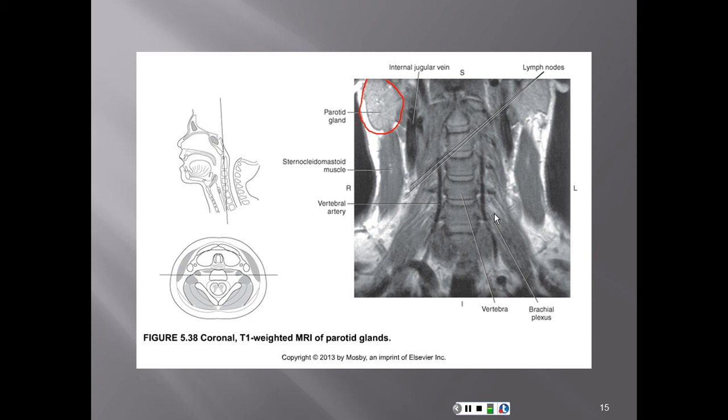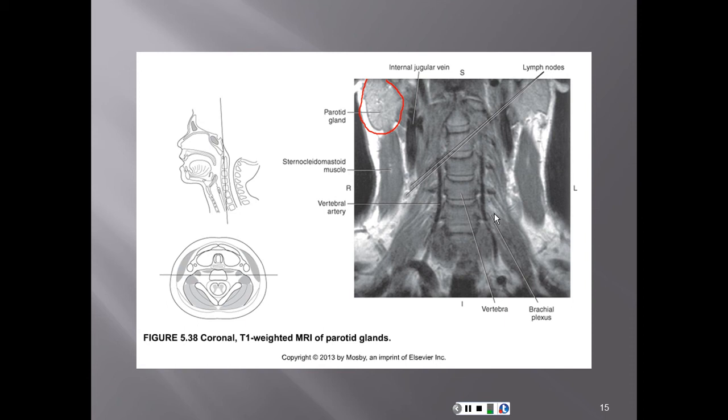So the parotid duct, which is Stenson's duct, emerges from the anterior edge of the gland. As far as the other salivary gland, the submandibular gland borders the posterior half of the mandible. Remember that picture, the posterior half of the mandible is the submandibular gland.